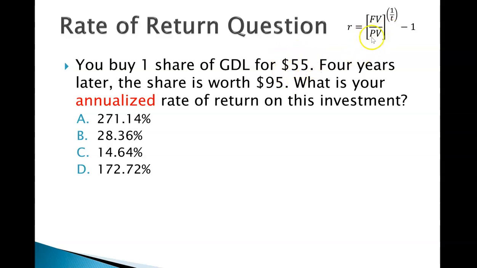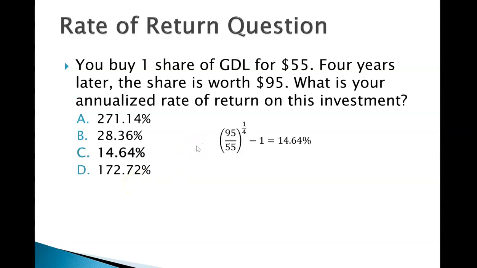That's the present value. T in this case is 4, so it's going to be to the 1 over 4 power, and then subtract 1. If you do that math, I encourage you to pause the video and see if you get one of my answers here. And if you do that math, you'll end up with C, 14.64%.